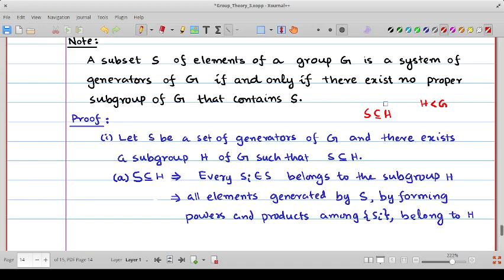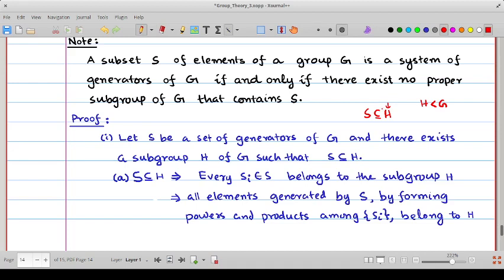the statement that S is a subset of H. So that means every element of S is an element of H also. Now if I take the powers of elements of S, they will be elements of H itself. That is because every element of S is an element of H, and if I take a power of an element of H, it should be an element of H itself because H is a group.